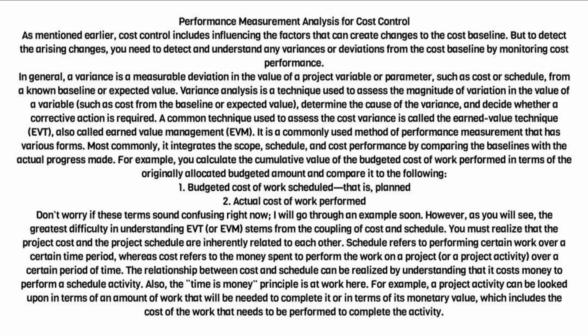Most commonly, it integrates the scope, schedule, and cost performance by comparing the baselines with the actual progress made. For example, you calculate the cumulative value of the budgeted cost of work performed in terms of the originally allocated budgeted amount and compare it to the following. 1. Budgeted cost of work scheduled, that is, planned. 2. Actual cost of work performed.